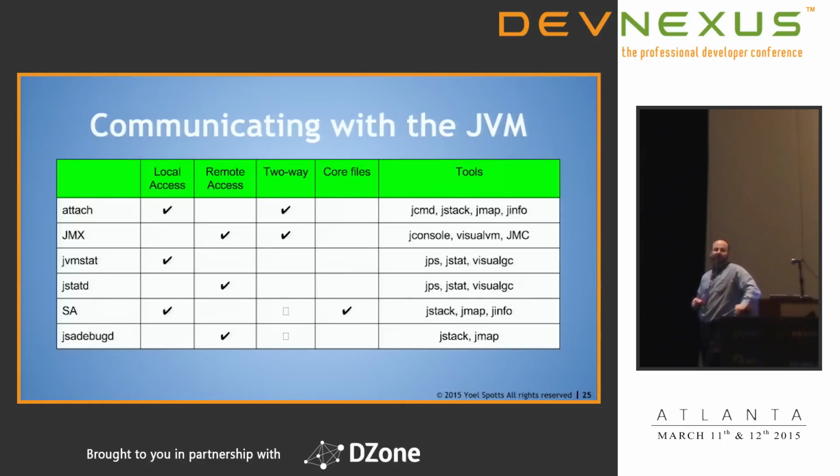Like I mentioned, it kind of forces its way in, and there's not a two-way direct coordination between the two processes. But again, these just give an idea of the capabilities and the way in which each of them coordinates with the running JVM. And in the last column, even though we haven't introduced most of them yet, it's more of a reference slide, showing which of the tools utilize which of these entry points.